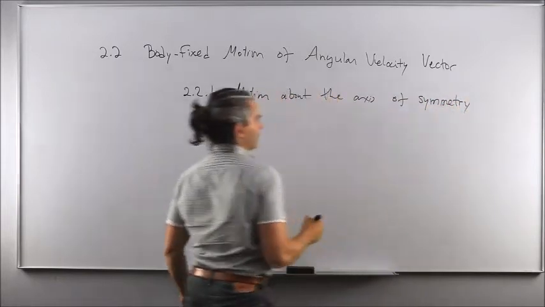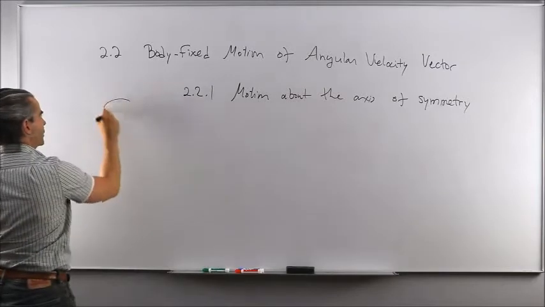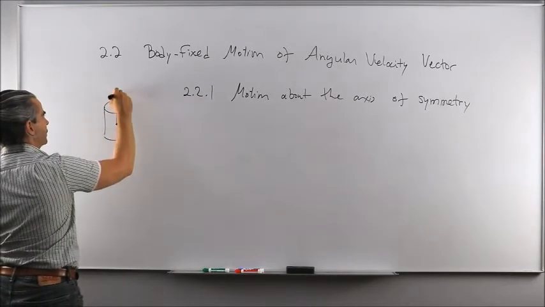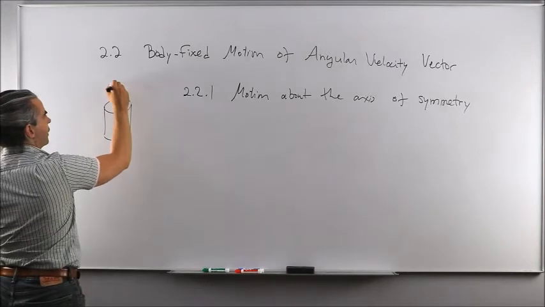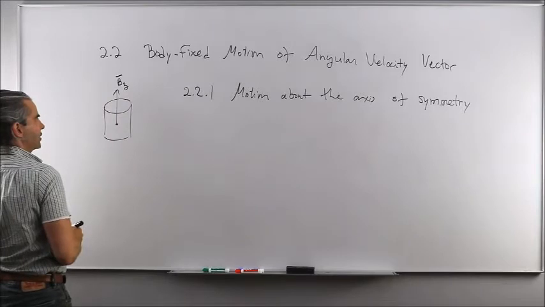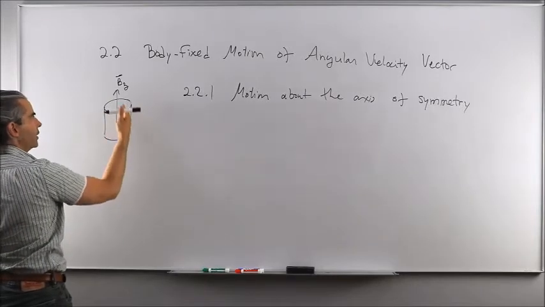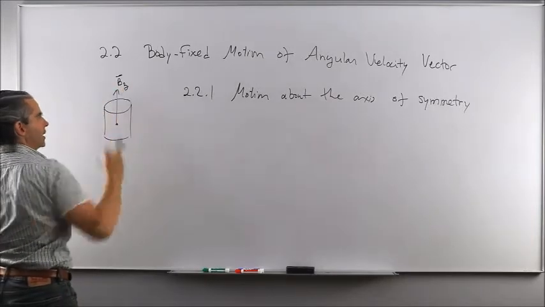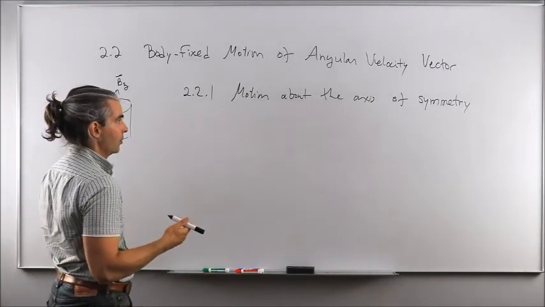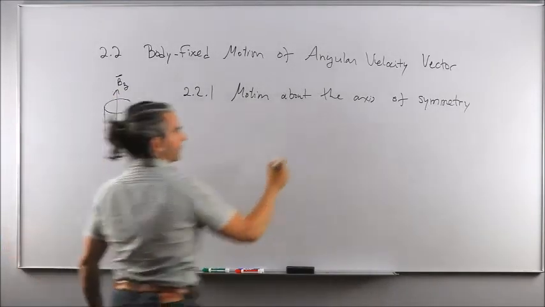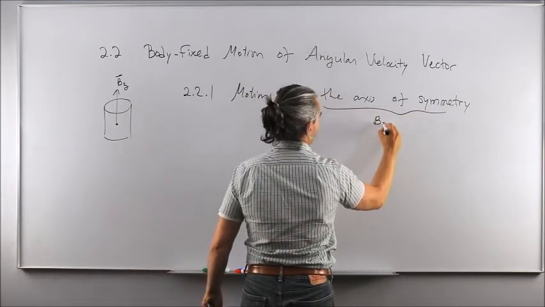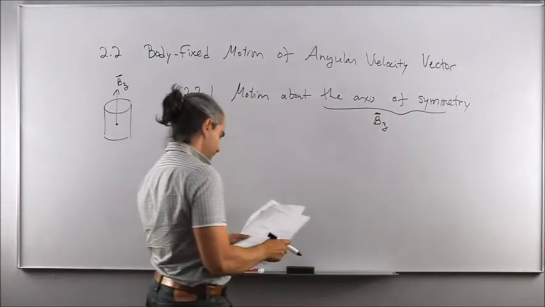And if you remember my little 3D drawing of an axisymmetric body, that means that we're going to look at the motion about BZ, because BZ is the axis of symmetry, and that's why we had termed JZ as being JA for the axial principal moment of inertia, okay? About the axis of symmetry or about BZ, this is exactly the same thing.